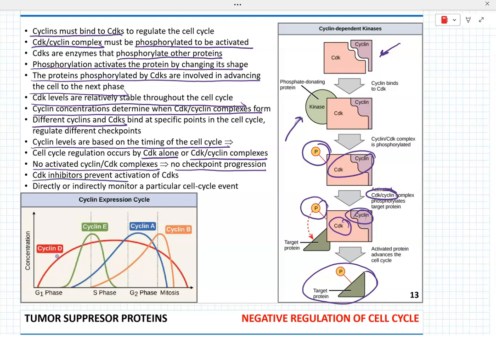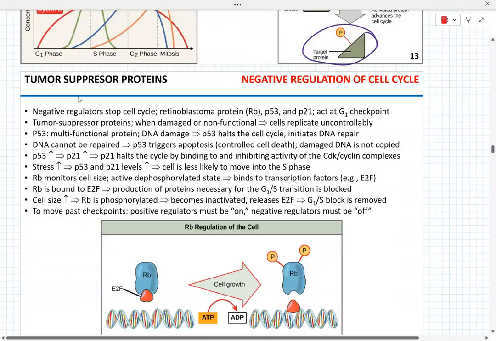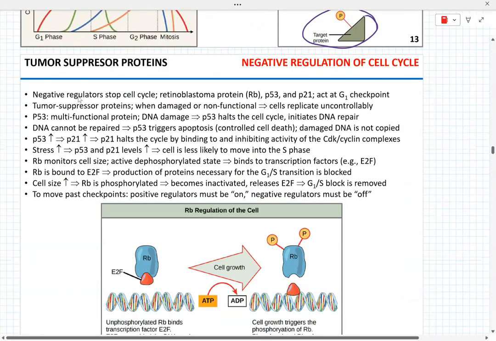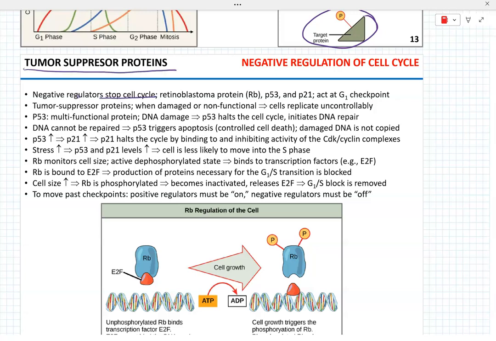So-called CDK inhibitors may prevent the activation of CDK and monitor a particular cell cycle event. Now, the most famous negative regulators of the cell cycle, which stop it, are tumor suppressor proteins, such as retinoblastoma protein RB, P53, and P21.